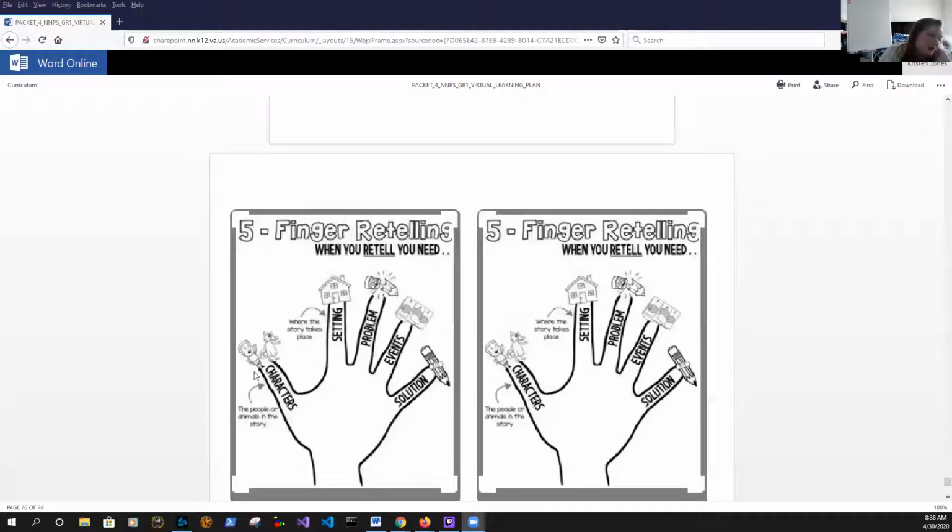It's in the back of your packet. And you will explain who the characters were in the story, what the setting was, the problem, the big things that happened, the events, and the solution, or how that problem was solved. And you'll be saying that out loud, sharing those thoughts out loud after you've read the story.